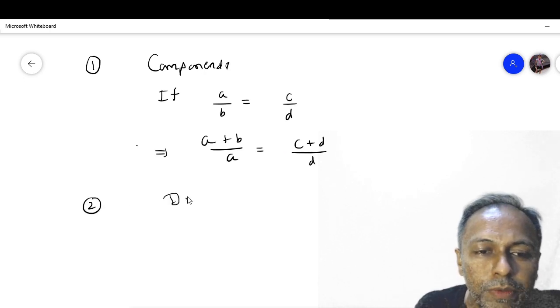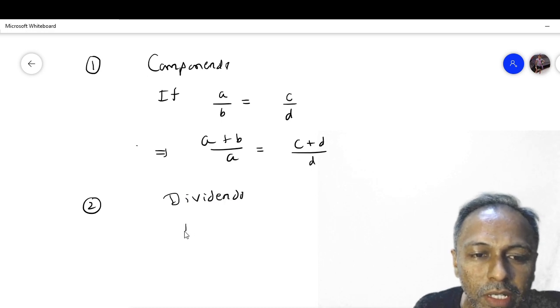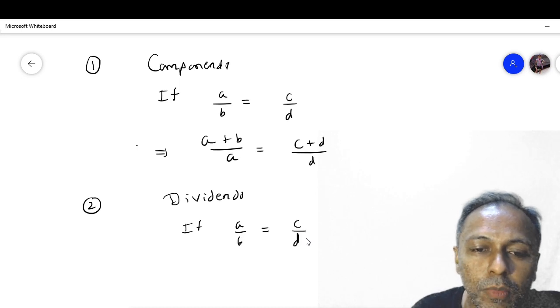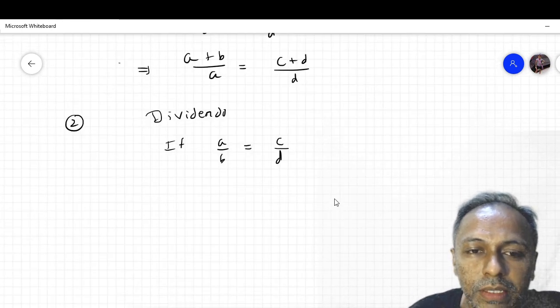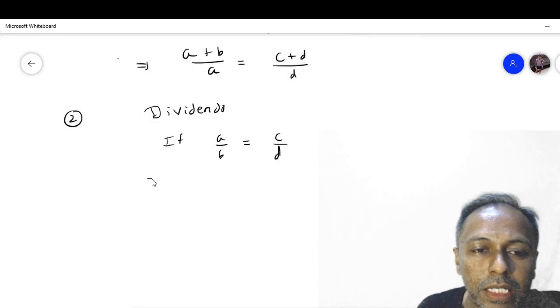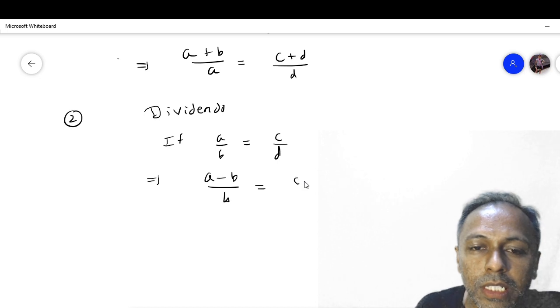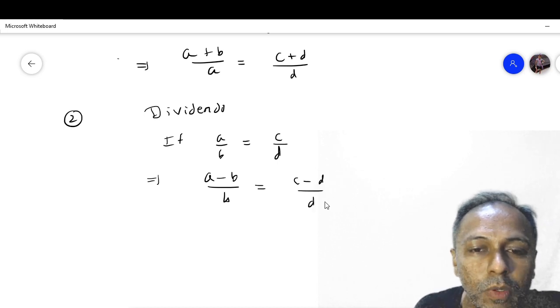There is one more property which is called dividendo. It says that if again A upon B is equal to C upon D, then it implies that A minus B upon B is equal to C minus D upon D.